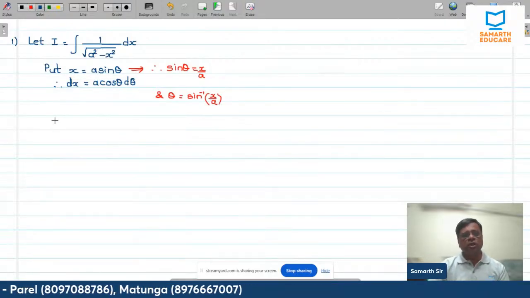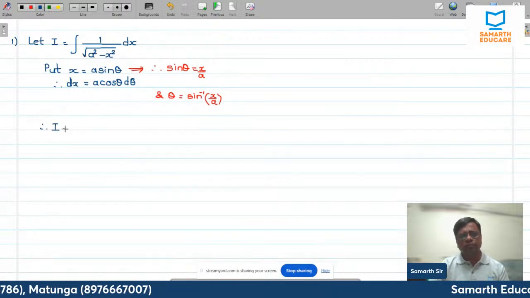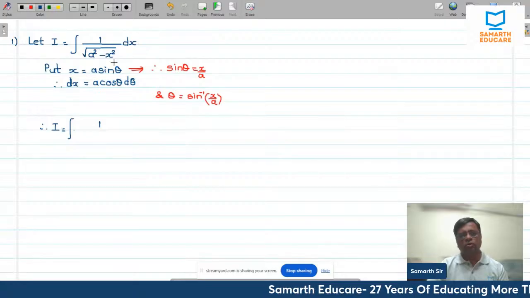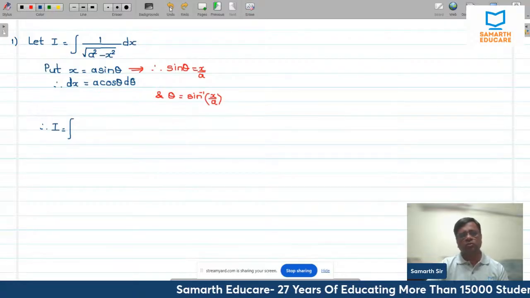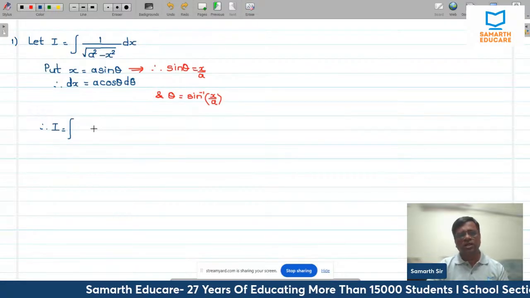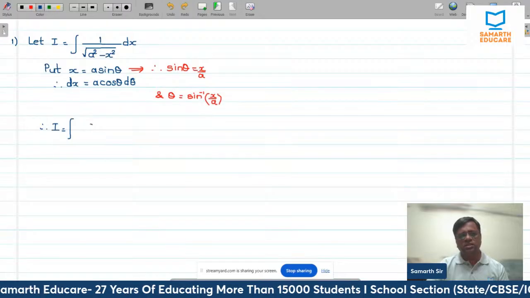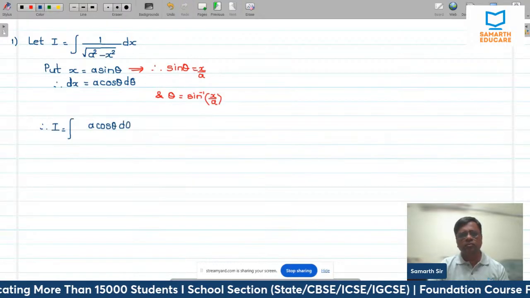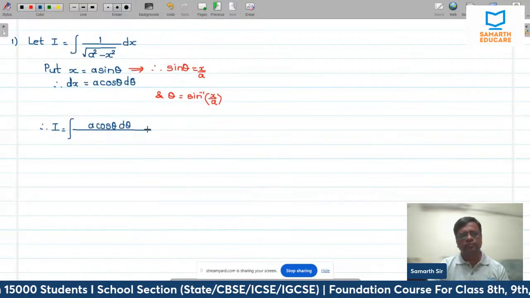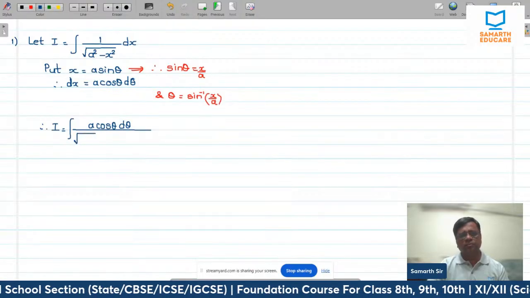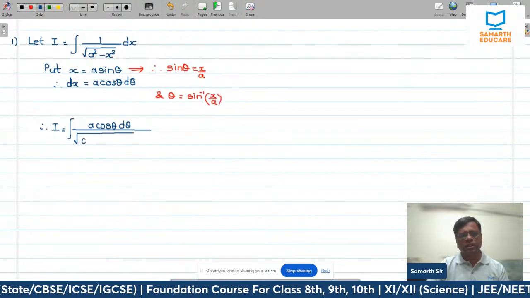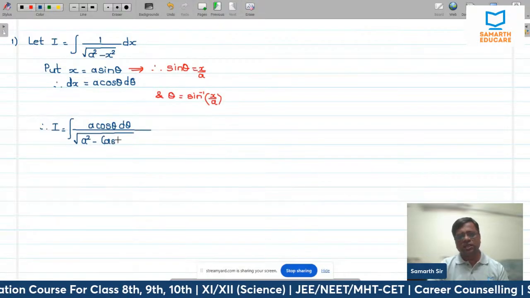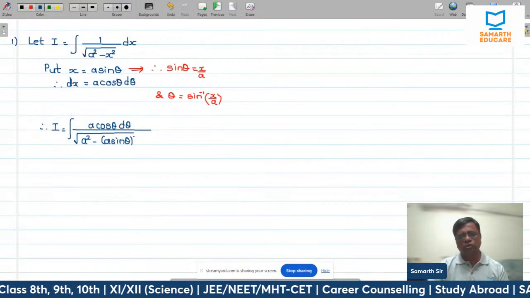Let's see how. Now I is equal to the integration of, oh I'm so sorry, what is 1 dx? dx is a cos theta d theta, divided by root of a square minus x square, where x is a sine theta, whole square.